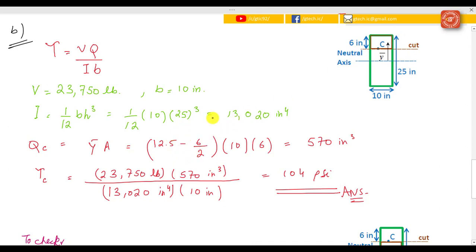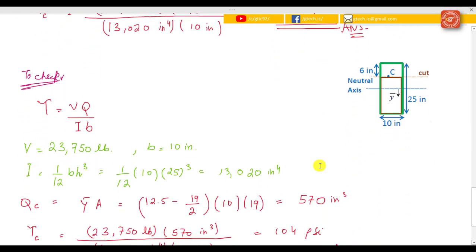After solving this term we get the y bar value, and the area of this rectangular cross section is 6 times 10, and the answer would be 570 inch cubed. After that, substitute all these terms into this equation, then the shear stress at point C would be 104 psi, and that's the answer.